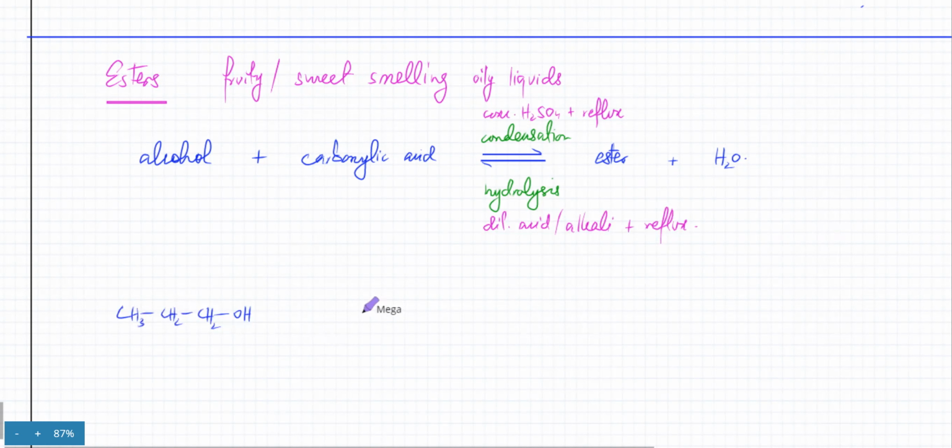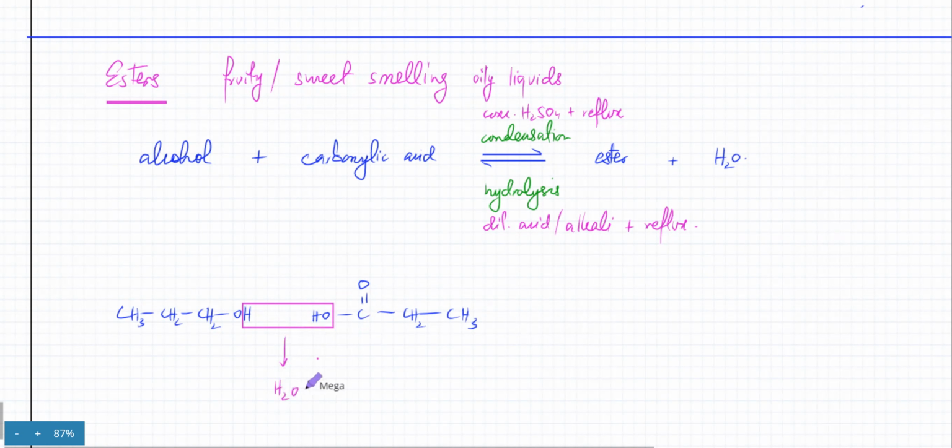Now the H and the OH would be lost. They're going to be removed, and they would end up forming a water molecule. That's why it's called a condensation reaction. And the rest of the molecule, the chain, is going to link up.